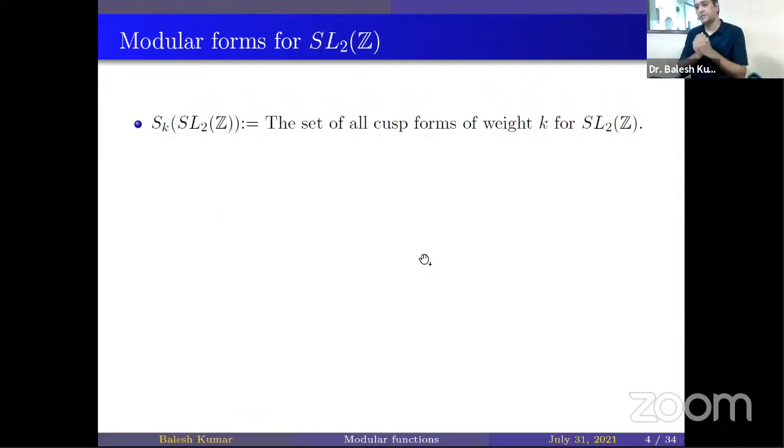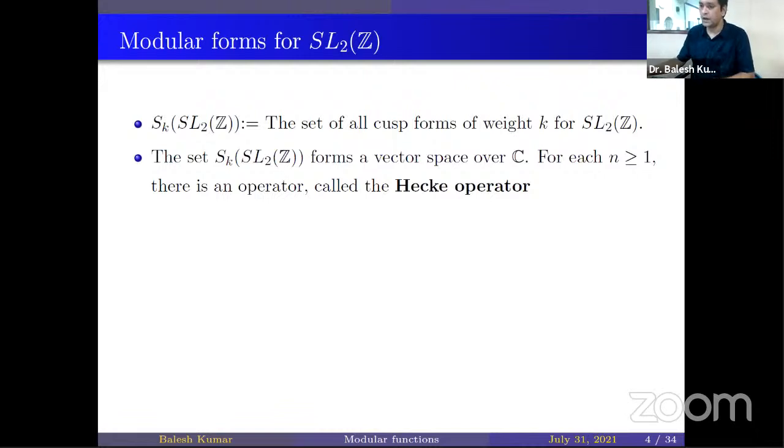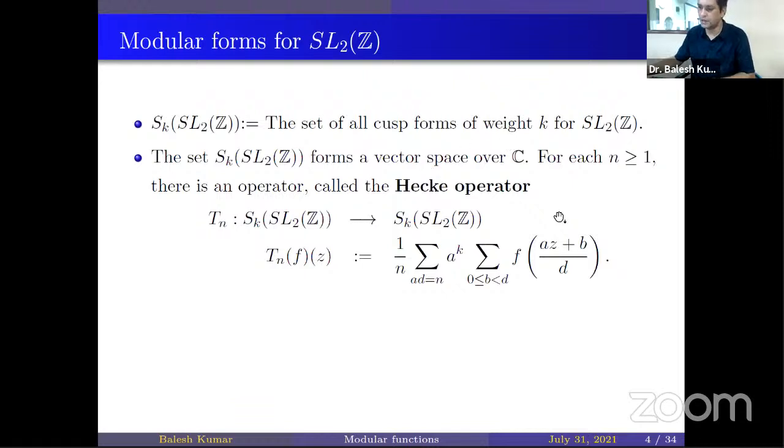Let me fix certain notations. The space of all cusp forms of weight k for the modular group SL2Z forms a complex vector space, in fact a finite dimensional complex vector space, and we denote it by S_k(SL2Z). There is a family of operators acting on this space, known as Hecke operators, for each positive integer n.